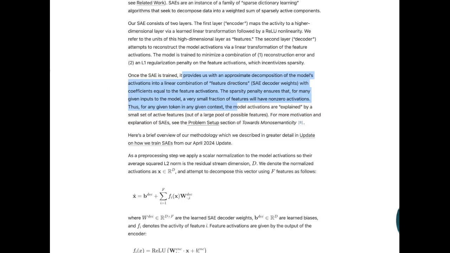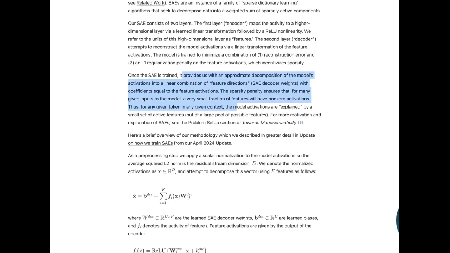And so this looks like something I will need to read. Where's the problem setup? There we go. Okay, so this is basically an MLP.